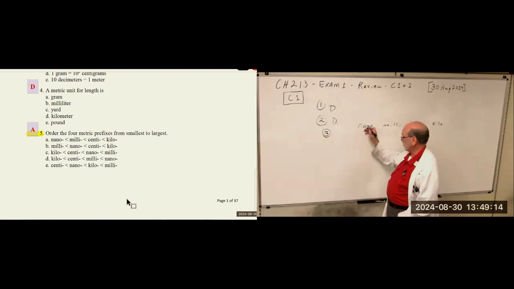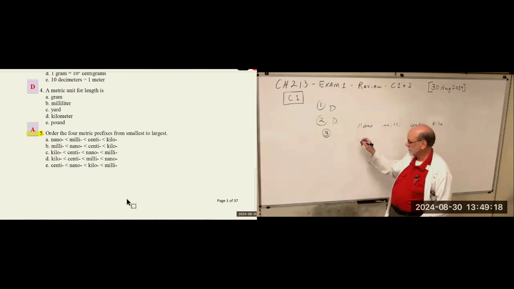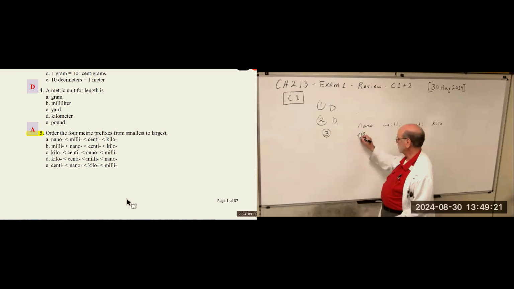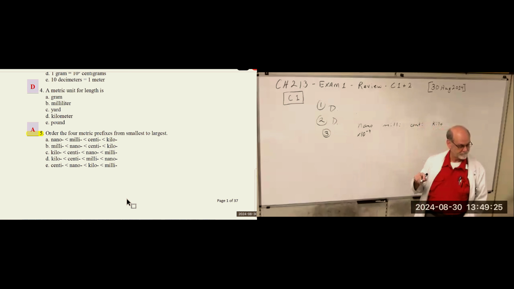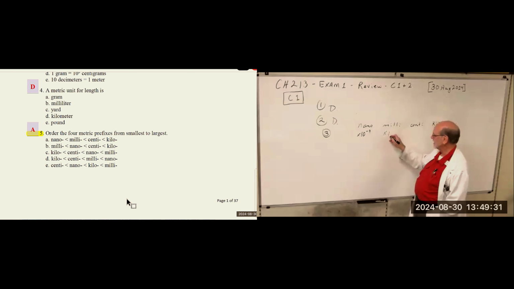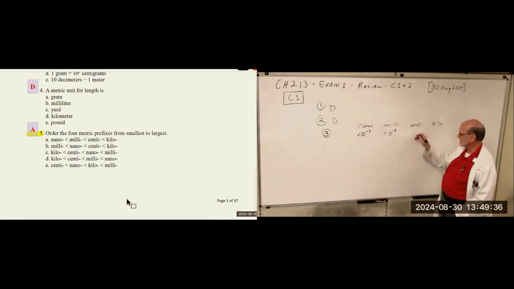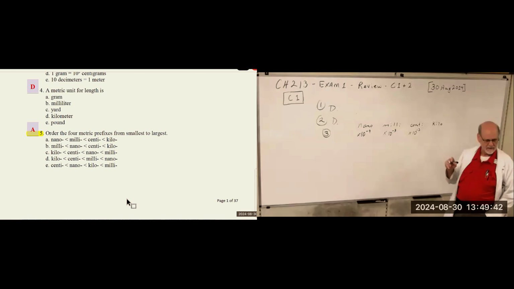What does nano mean as a prefix? How does it modify the base unit? Times 10 to the minus 9th. Yep, so it'd be very small. Milli is a little bit bigger, a 1,000th. Centi is hundredths.